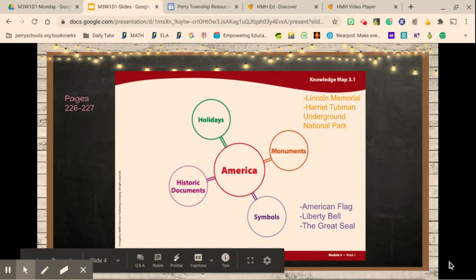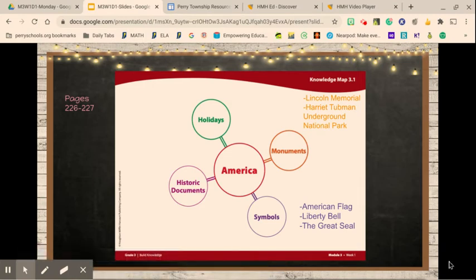All right, so turn in your book to page 226 and 227, and there is this knowledge map, and we're going to start filling this in and hopefully get to it a little bit later. While we were listening to this, we heard about some different monuments and symbols that represent America.